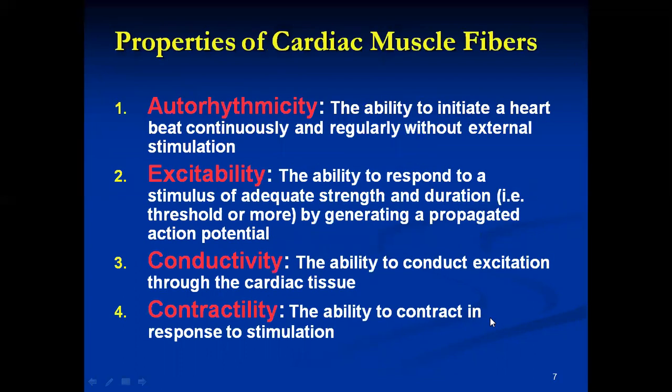These are the properties: autorhythmicity, excitability, conductivity, and contractility. Autorhythmicity means they are able to initiate heartbeat continuously, regularly. Excitability means the ability to respond to a stimulus of adequate strength and duration. Conductivity means they are able to conduct excitation. Then contractility means they can contract whenever a stimulus is given.